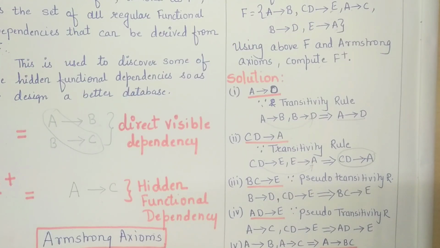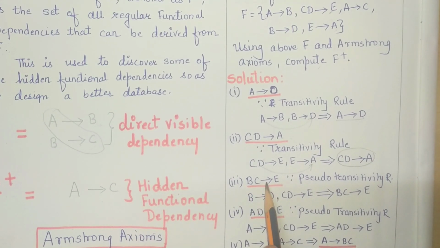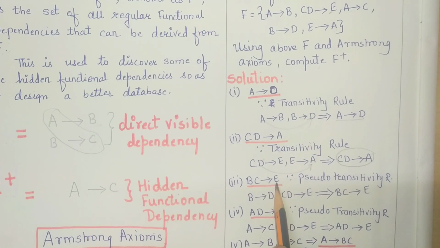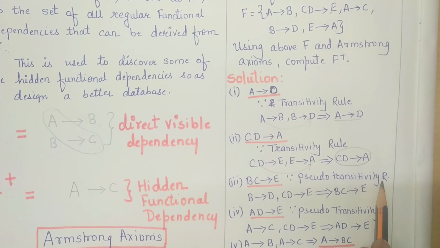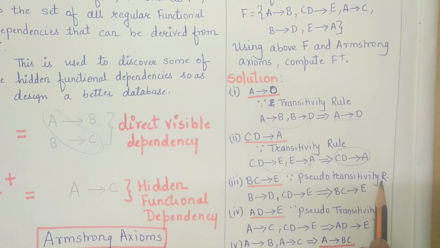Again, the hidden functional dependency we got here is BC determines E. This we have achieved with the help of the pseudo-transitivity rule, which was already explained among the inference rules, the Armstrong axioms, in the previous video.